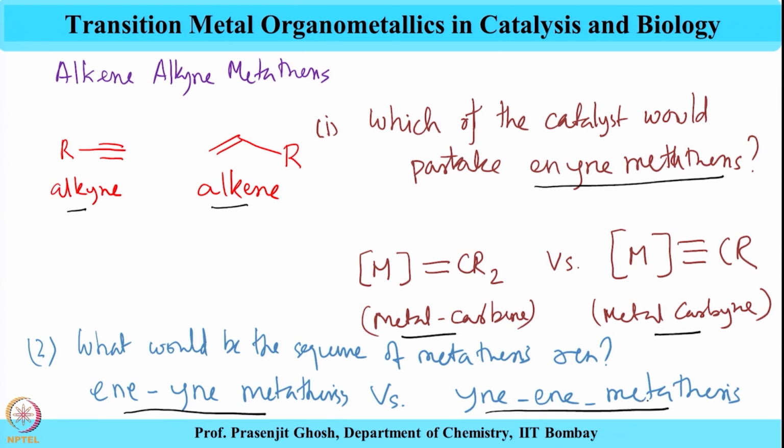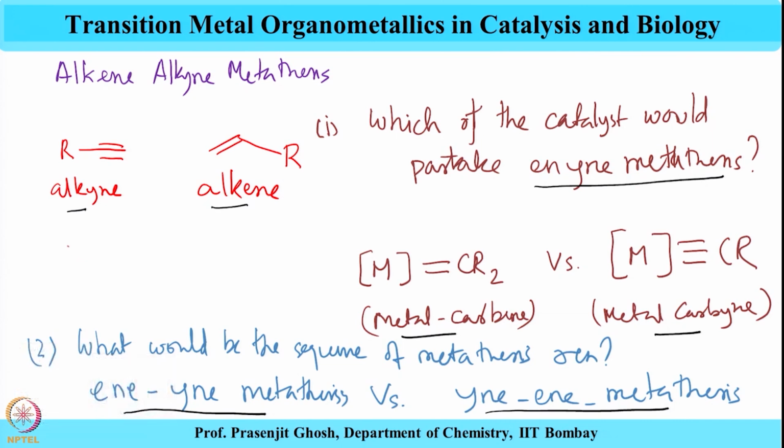So, these are important questions, like what kind of catalyst, what would be the sequence of reactions, as now the substrates contain both unsaturated alkyne as well as alkene. And then another interesting attribute is that they can be present in the same molecule, which can be intermolecular or intramolecular. So, both possibilities exist for alkene alkyne metathesis reaction.